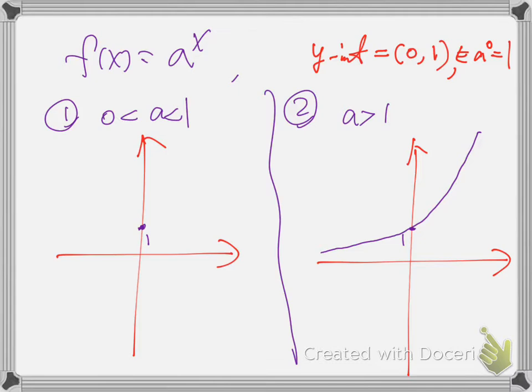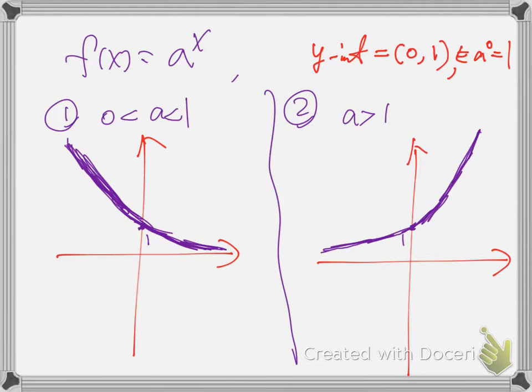So this is for big a, a bigger than 1. If a is less than 1, bigger than 0, positive, this is the graph. It's going down like that. So this is the graph of the exponential function. A bigger than 1, go up. A less than 1, go down.